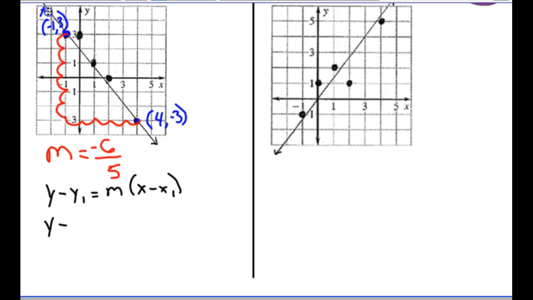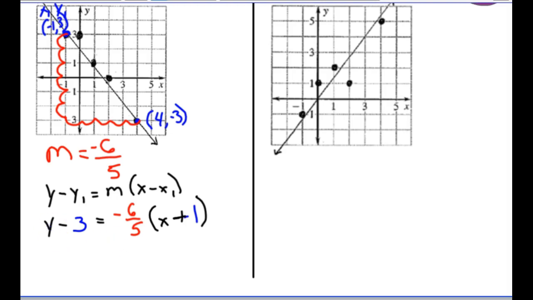So this -1 will be our x1, and 3 will be our y1. So y minus 3 equals our m, which we found was -6 over 5, times x minus x1. Our x1 we found to be -1. Then if we have two negatives in a row, we can make those positive if we want to.